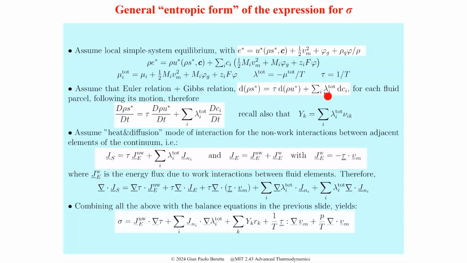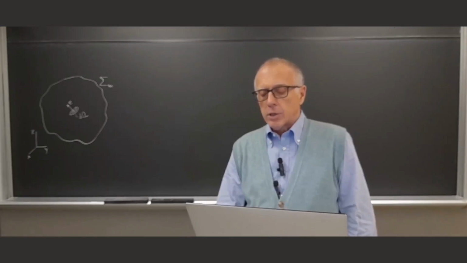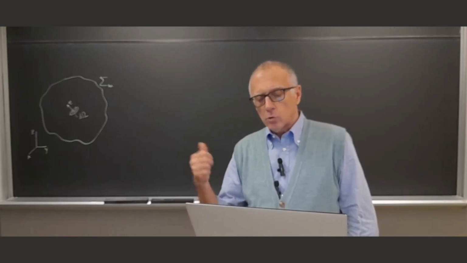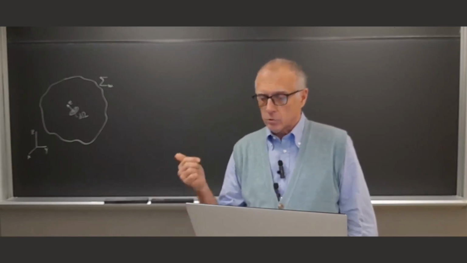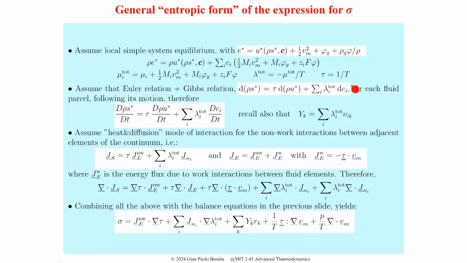Remember, tau is 1 over T and lambda is minus mu over T, which, as you recall, gets rid of the pressure, so that if you need the pressure, you need to go to the Gibbs-Duhem relation to get the pressure from the concentration and temperature gradients.